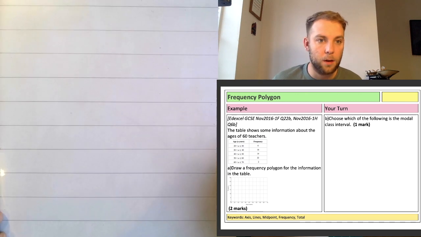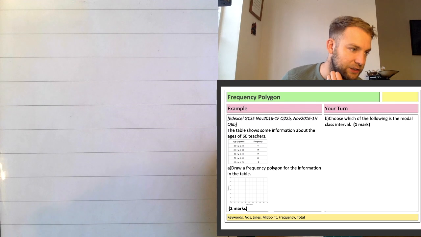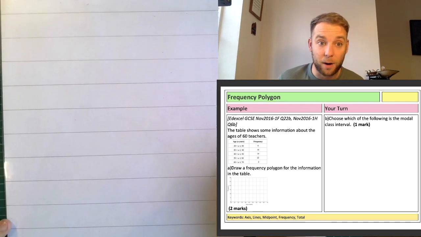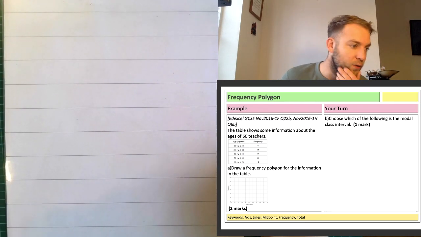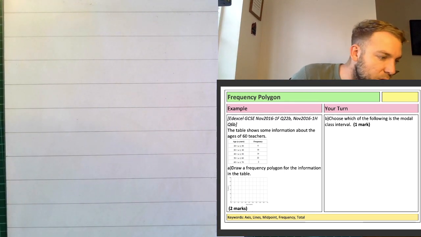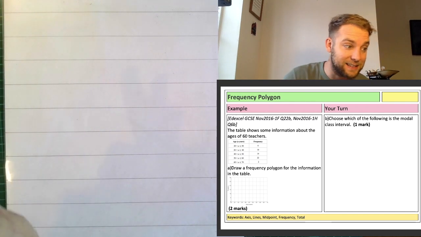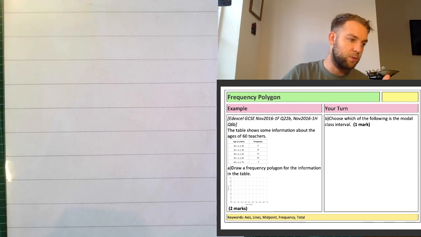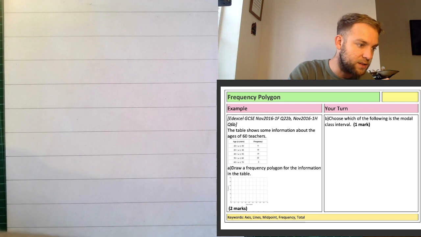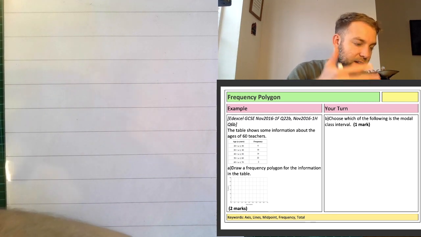So, with this one here, the table shows some information about the ages of teachers. Draw a frequency polygon, so we know how to do that now, for the information in the table. So the first thing I need to do is, let's have a look at the table. Again, it's going up by 6, and I'm going across from 20 to 70 in this case. So that's 20, 25, 30, 35, 40, 45, 50, 55, 60, 65, 70.